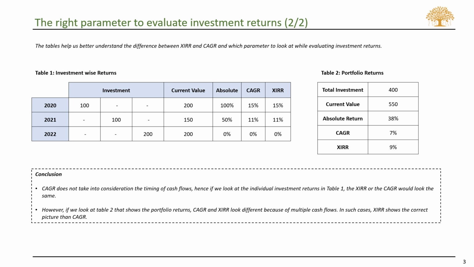What CAGR does is, it assumes that the entire 400 rupees was invested at the beginning of the investment period. That is, in 2020 the entire 400 rupees was invested and that is standing at 550 rupees as of today, and it calculates the CAGR on that basis. But there is a flaw in this, because the entire 400 rupees was not invested back in 2020.